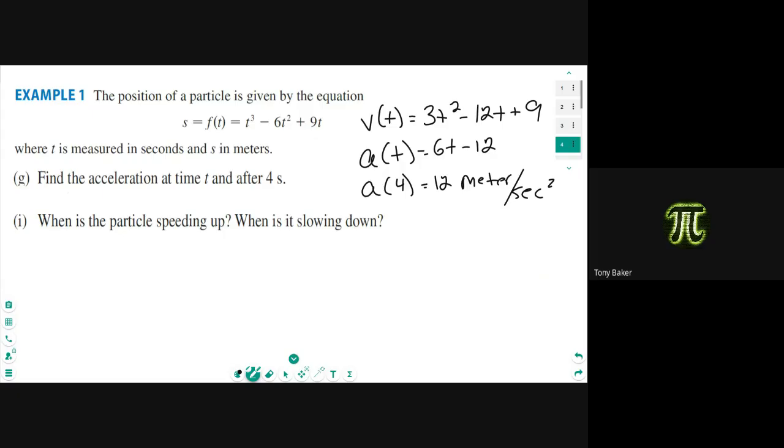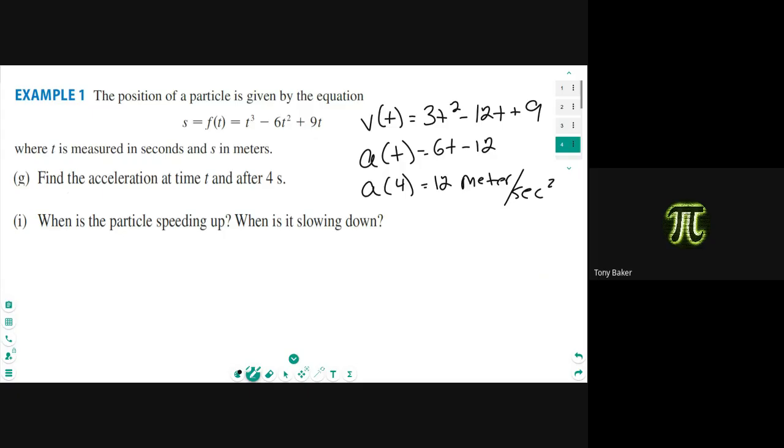All right, so when is the particle speeding up? And when is it slowing down? What do I need to do to figure that out? So the particle is speeding up when what is happening? We now have 3 separate equations.